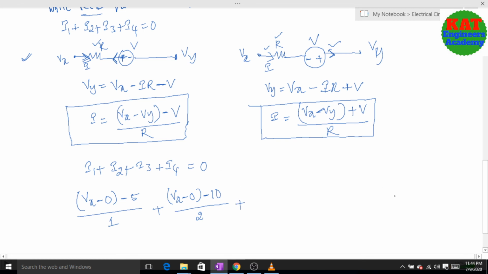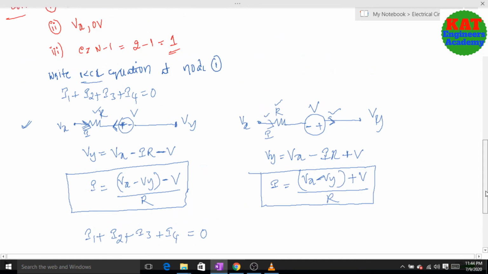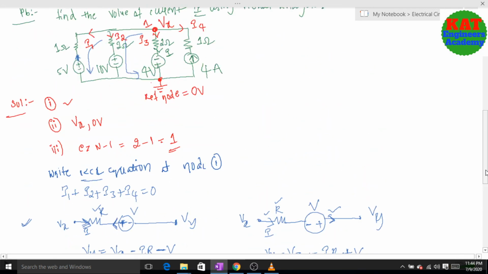Same way, I3 is the current flowing through the 2 ohm resistor and the 4 volt source. This is the I3 current direction. Our response can also be calculated with I; the I is nothing but I3 finally. I3 is the current flowing through the 2 ohm as well as the 4 volt source. Next, what is the direction? Vx minus 0: whether to take plus or minus, here this is negative and here this is positive.